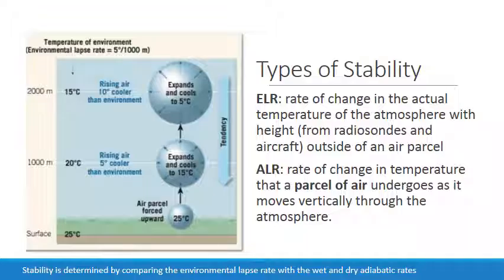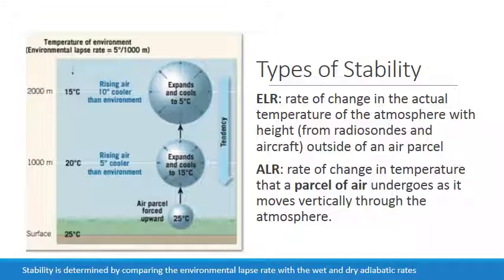So we would say in that case that the air near the surface is potentially cooler than the air aloft, and therefore it won't rise unless it's forced to do so. The air just described is referred to as stable, and it resists vertical movement.